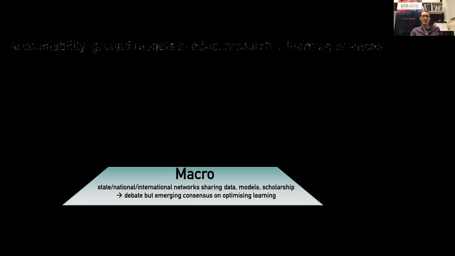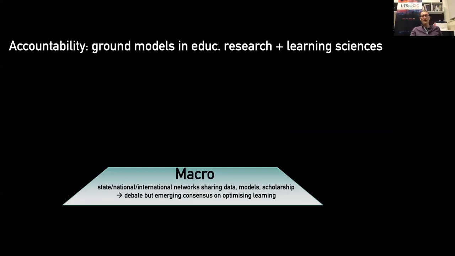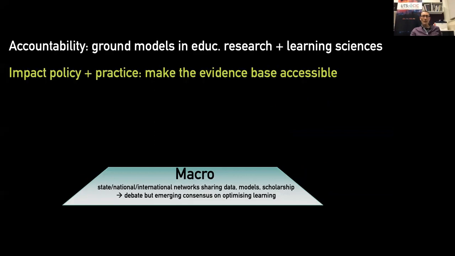Here are some examples. Okay, if we think about the macro level, fundamentally, we have got to be accountable. The models that we are building have to be grounded in educational research and the learning sciences. We're looking to impact policy and practice. That means we have to make the evidence base accessible.